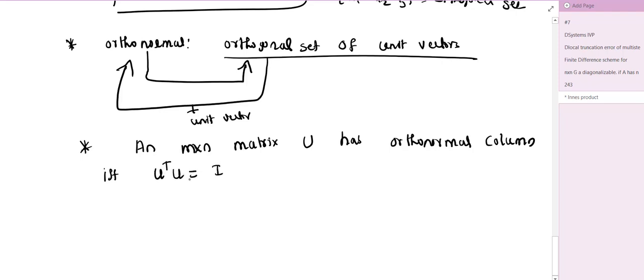Then we say that the matrix U has orthonormal columns.